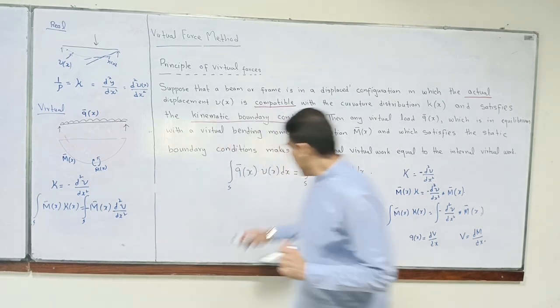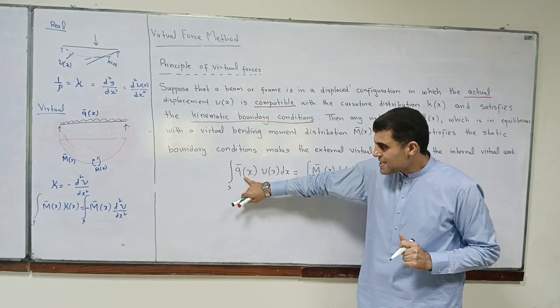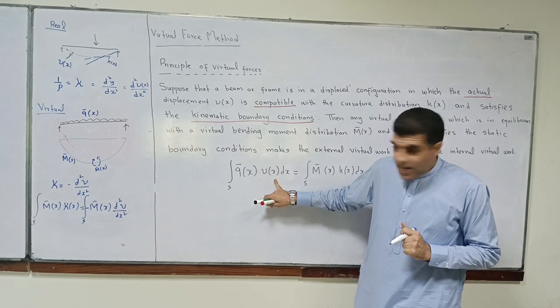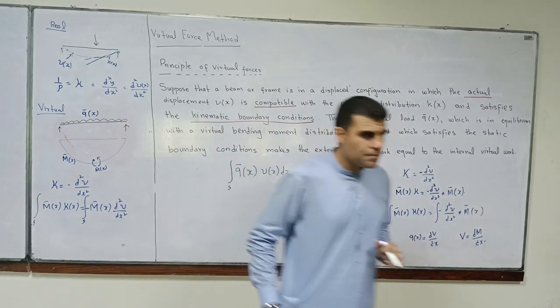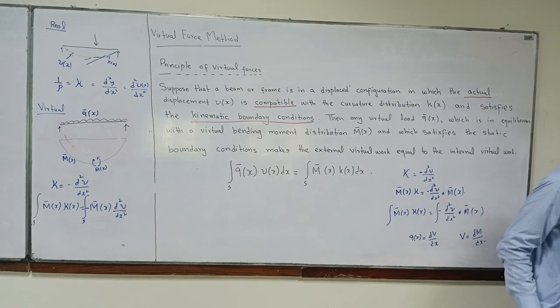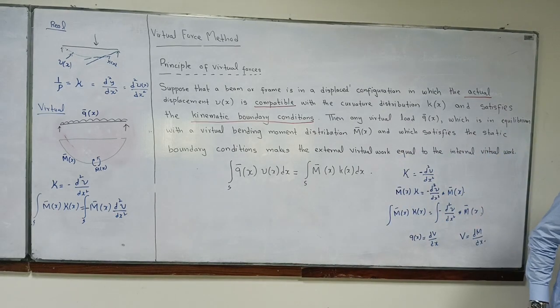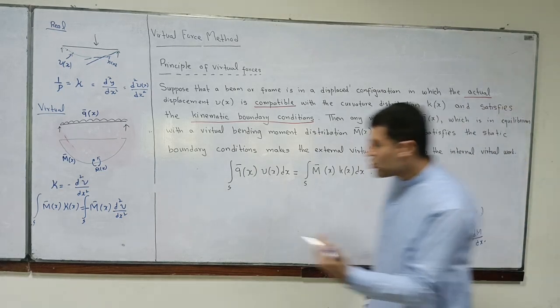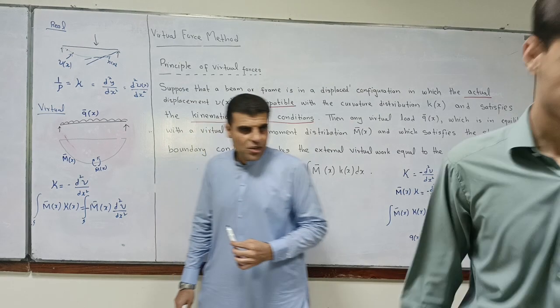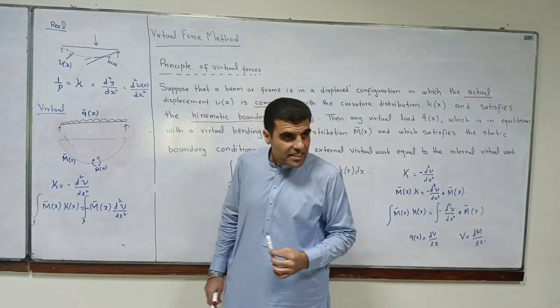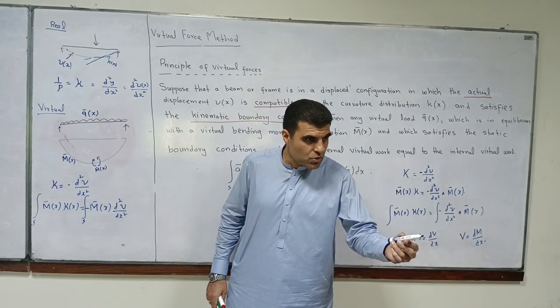But you see, we have q bar x and v of x. So how do you get q bar x from m? How is your moment related to the applied load, isn't it?